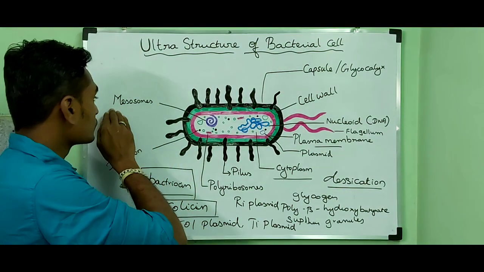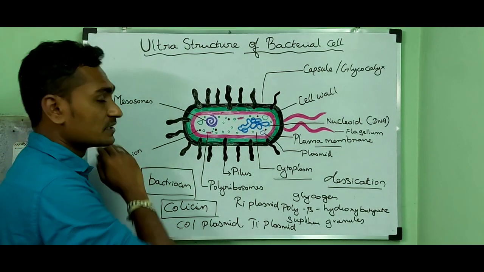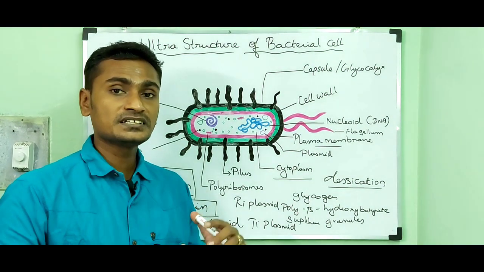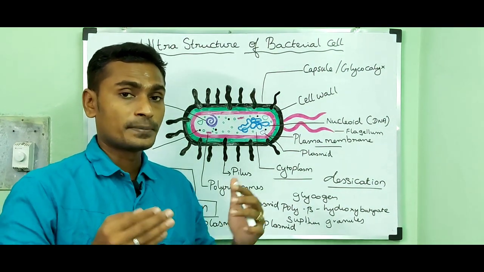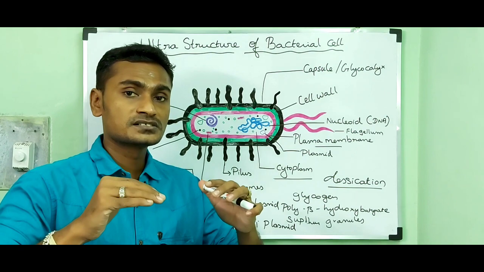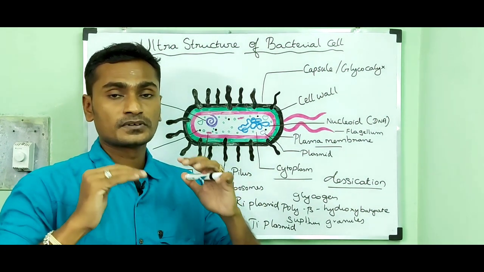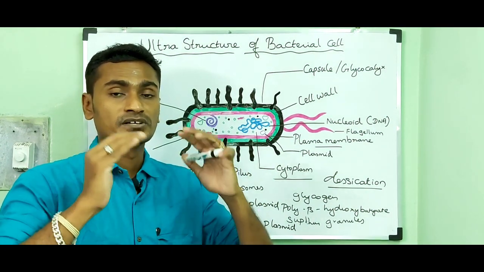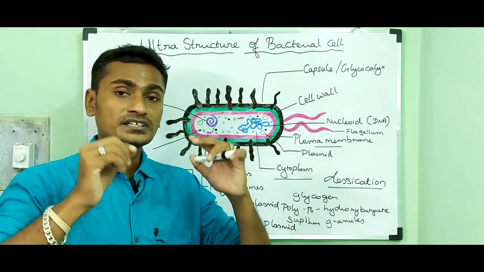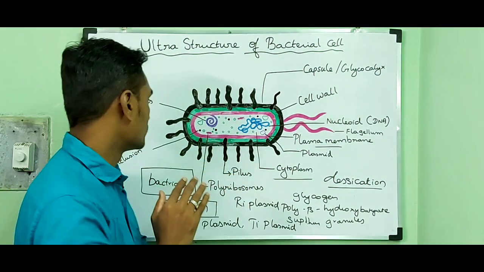So the mesosomes are involved in respiration and binary fission, because the plasma membrane contains enzymes which are involved in oxidation metabolism.